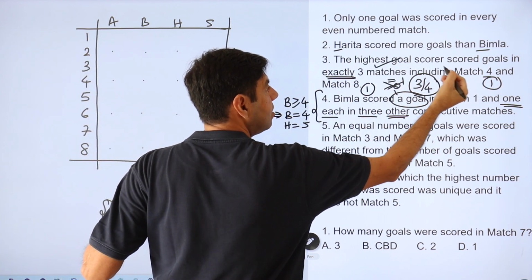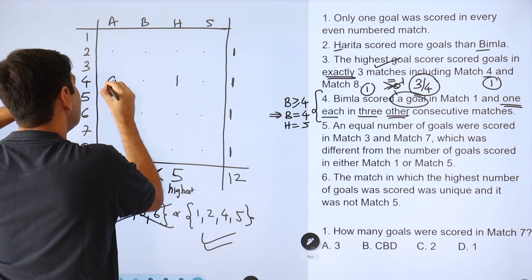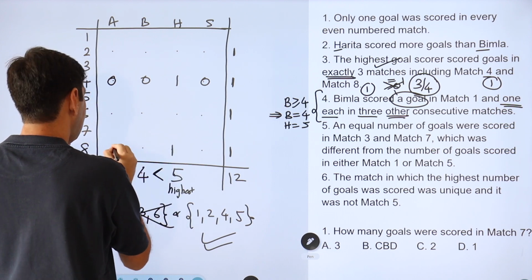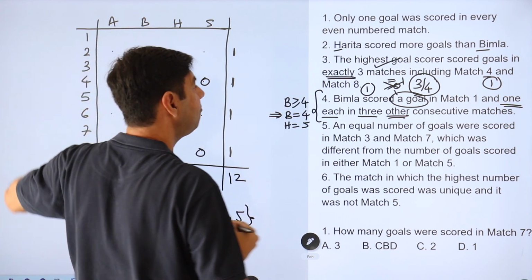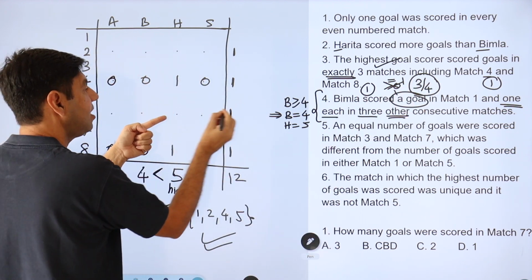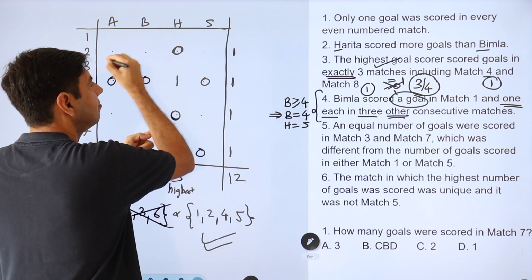Okay, so now I know this, the match 4. So match 4, Harita has scored 1. Oh, so look at how quickly things fall into place. Match 8, Harita has scored 1. So the others are 0. And in one of the other places, there's a 3 or a 4. And if that is a 3 or a 4, it can't be in match 6. It can't be in match 2.